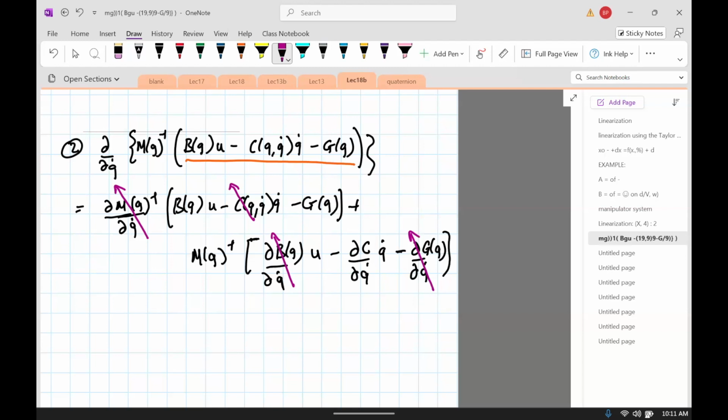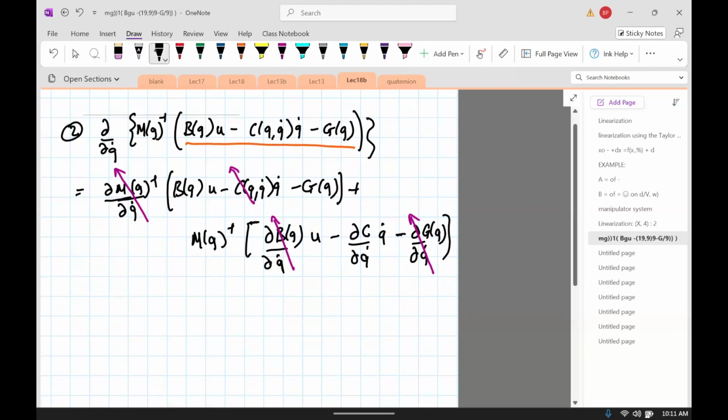And then this term is also 0 because g is a function of q, and we are taking the derivative with respect to q dot. So we're left with m q inverse minus dc dq dot times q dot.